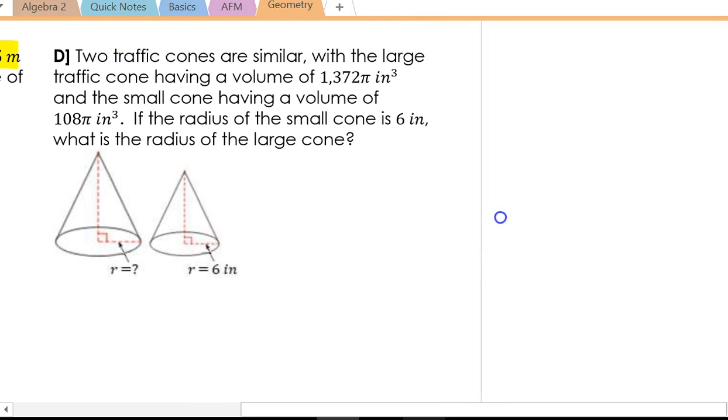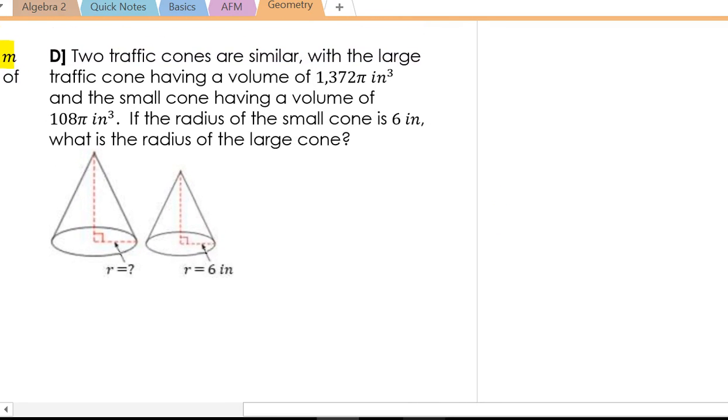Okay, last problem, slightly different, but still the same idea. Two cones are similar, with a large cone having a volume of 1,372 pi and a small cone having a volume of 108 pi. If the radius of the small cone is 6, what is the radius of the large cone? Right off the bat, again, we are given a volume ratio.